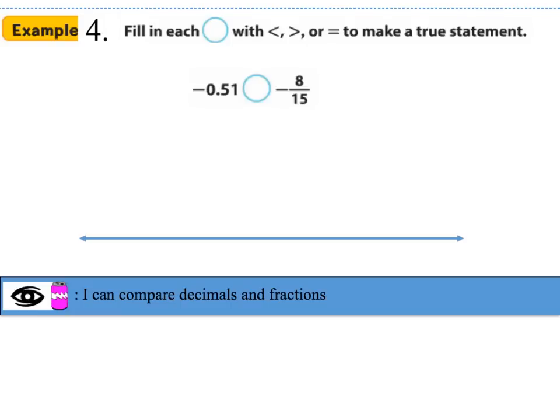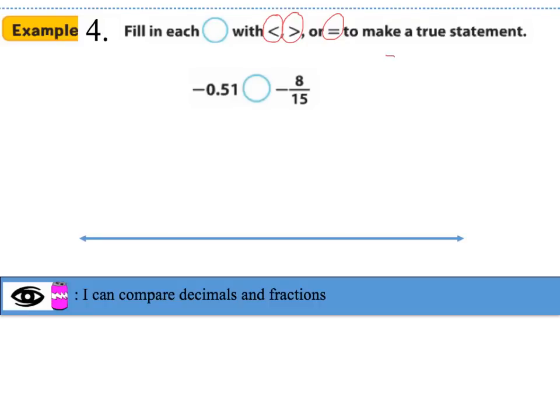So for example 4, they're asking us to compare two rational numbers, which is -51/100 and -8/15, using the less than symbol, the greater than symbol, or the equal to symbol. One thing that we might want to do is convert our fractions to decimals so that we can figure out how the two decimals are comparing.